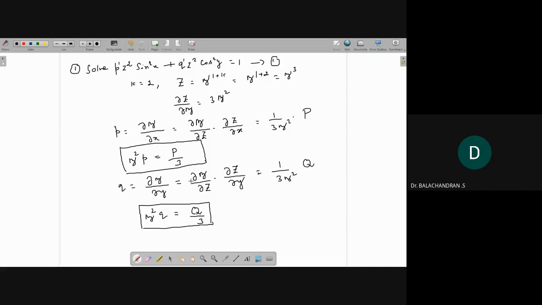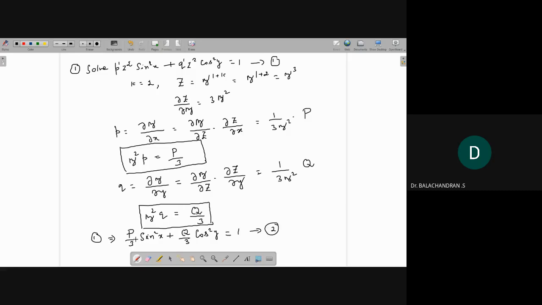So equation 1 implies capital P divided by 3 into sine square x, this is capital P, plus capital Q divided by 3 into cos square y equal to 1. We call this equation number 2.